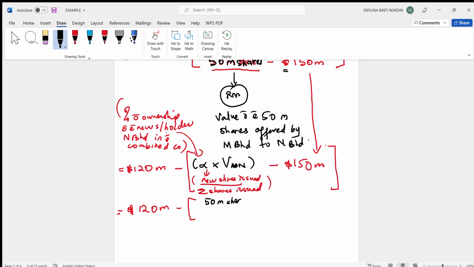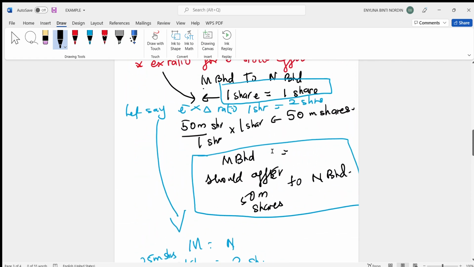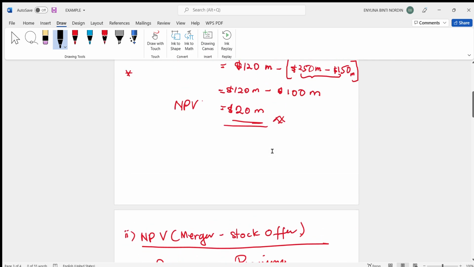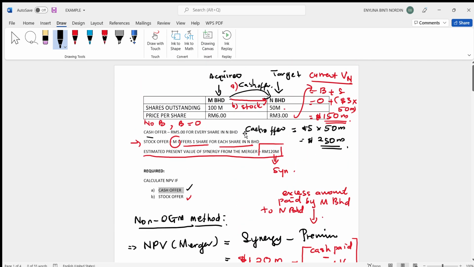And now, what happened to the number of shares issued by M Berhad? After issuing 50 million shares to N Berhad, currently the number of shares issued by M Berhad is 100 million shares only. But now, they issue additional shares, 50 million shares.